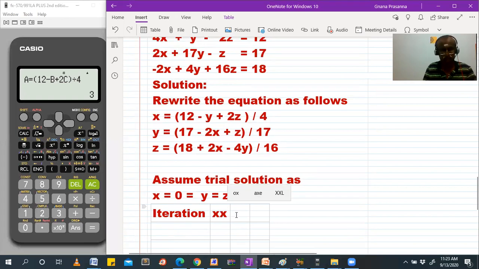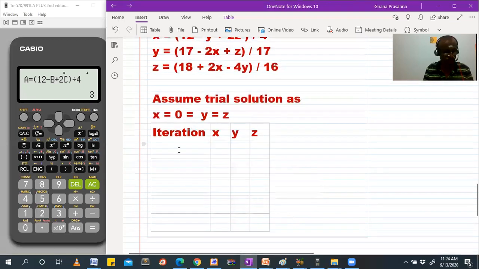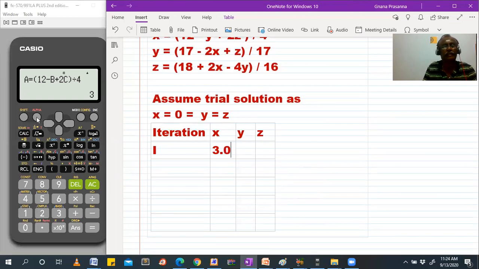Form a table like this with x and y, and in this table it is enough to fill in the values. Iteration 1, x is 3.0. Now implement the second equation.